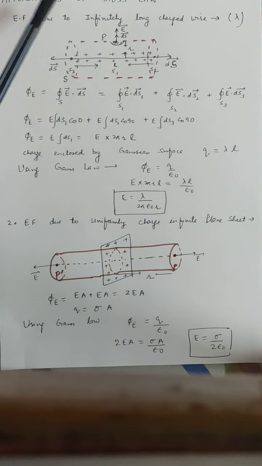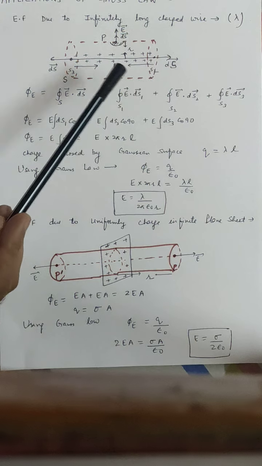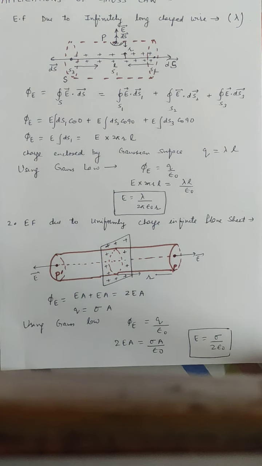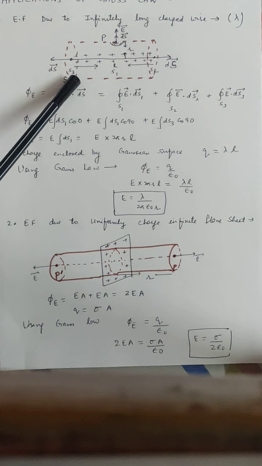Now we divide this entire surface into three surfaces. We mark S1, S2 and S3. And when we are calculating the total electric flux due to this complete cylinder, then the total electric flux will be the integral of E dot ds over this complete surface S, which is the combination of the surfaces S1, S2 and S3.